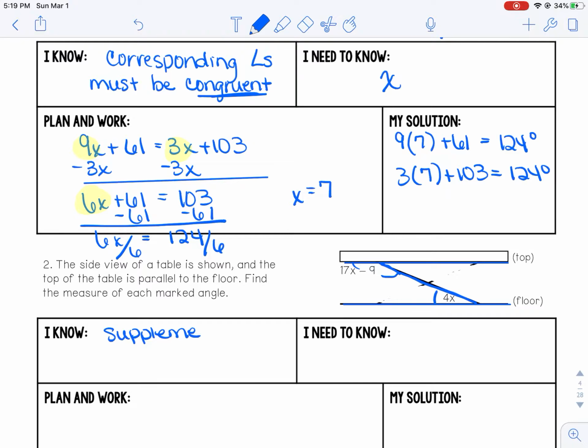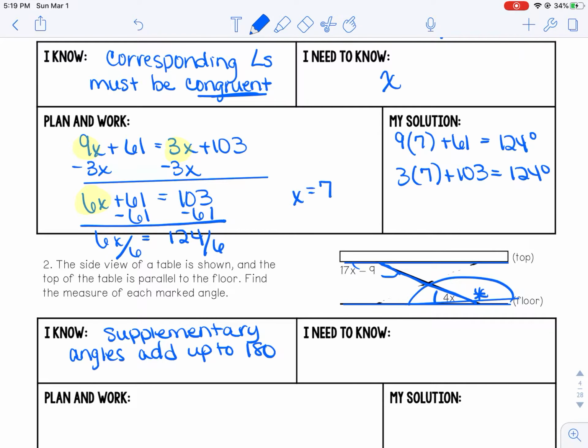You probably will recognize that because 17x minus 9 and this angle over here are alternate interior angles, so they are congruent to each other, and this makes a supplementary pair. So supplementary angles add to 180. So they're going to have to add with each other and be set equal to 180.